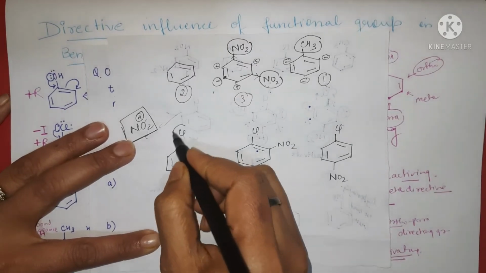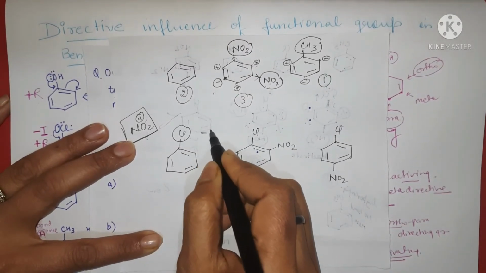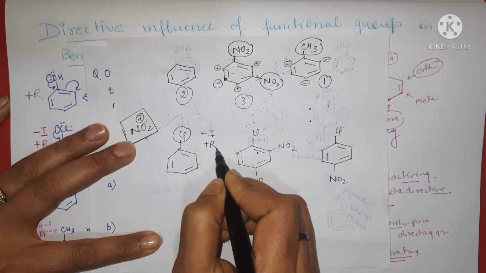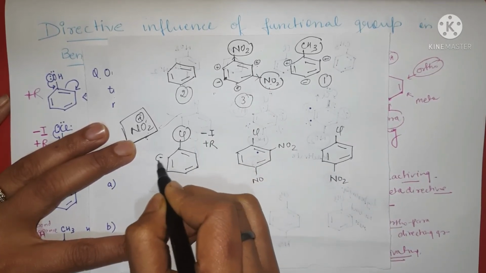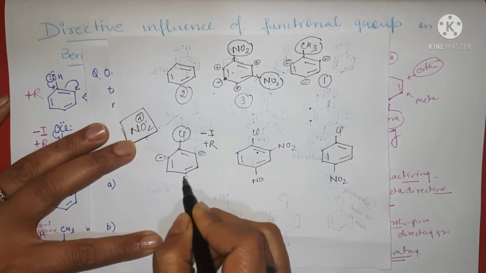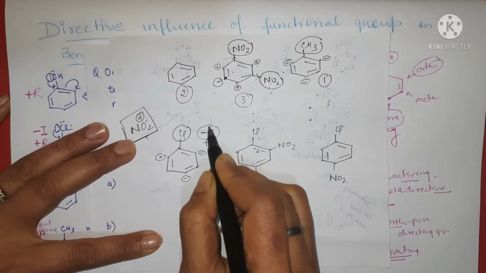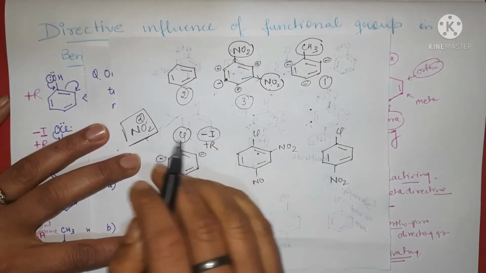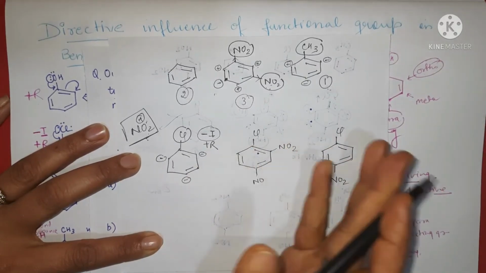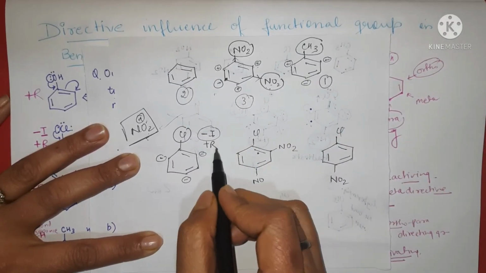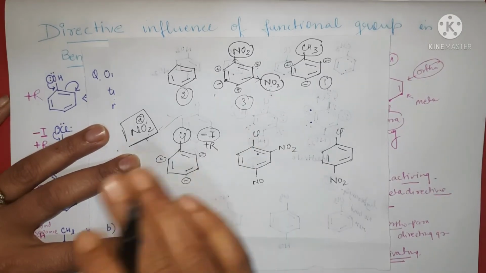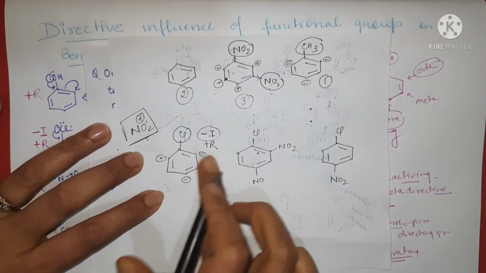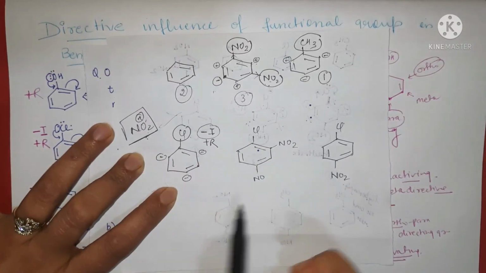As you know, chlorobenzene shows minus I effect and plus R effect, means it is increasing the electron density on the ortho and para position, but yes, there is a minus I effect also. So if we compare this with a functional group which is increasing the electron density only, means only plus R effect, in that comparison there is less electron density on its ortho and para position.